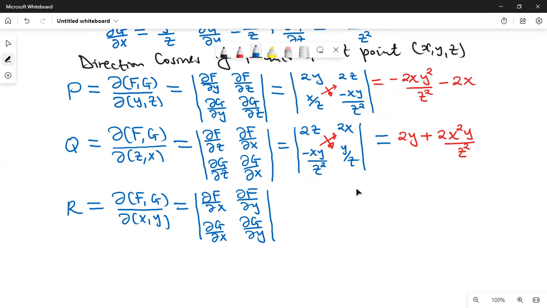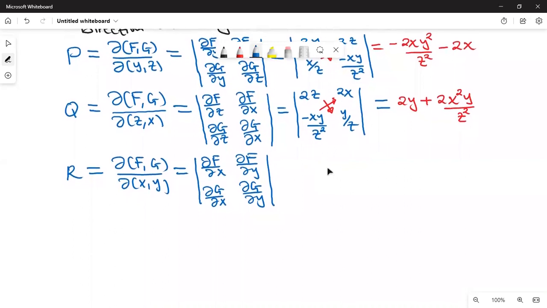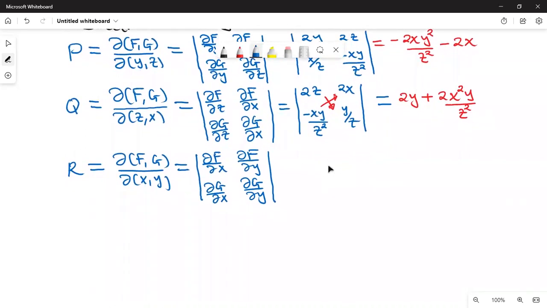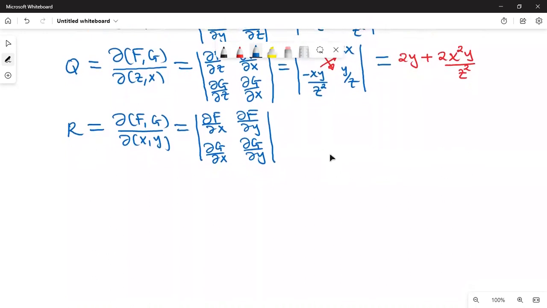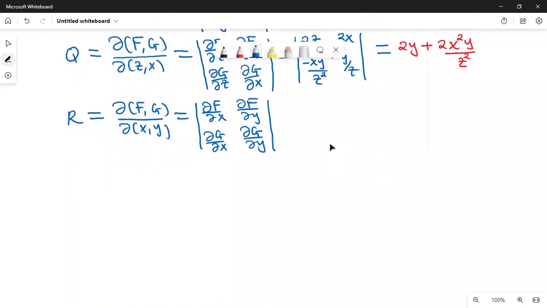So that determinant, remember, when we talk of partial derivatives, we will also use the subscript notation. When we say partial f with respect to x, that's the same as f subscript x, etc. So in some books, you'll find most of them using the subscript notation for partial derivatives. So let's replace these partial derivatives.